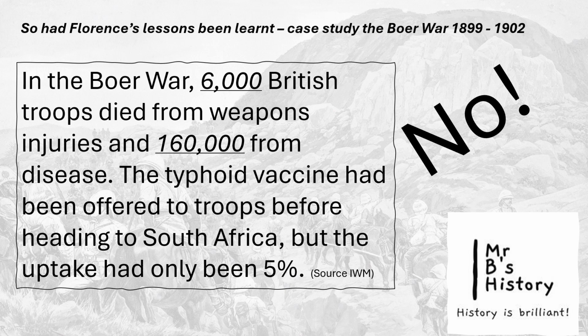No. In the Boer War, 6,000 British troops died from weapons injuries. 160,000, yes, you heard that right, 160,000 died from disease. So clearly, by the end of this time period of revolution in medicine, lessons had not been learnt. Shame.